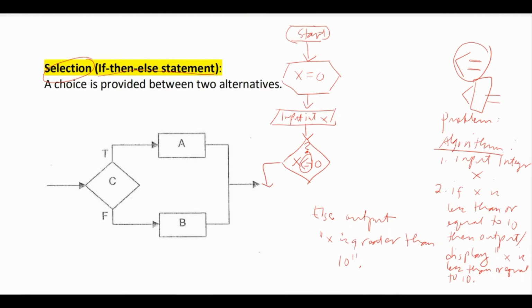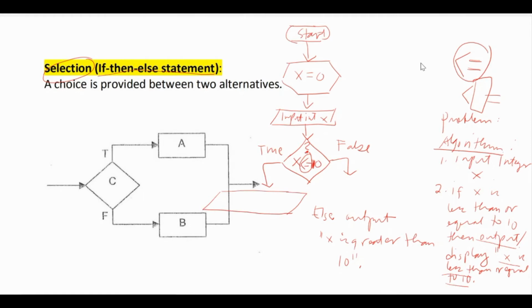If it is yes or true, we could use the label true or yes. Another output flow line is the false. That is when x is greater than 10. So if it is true, then output this statement. So since this is output, we will use the parallelogram symbol.